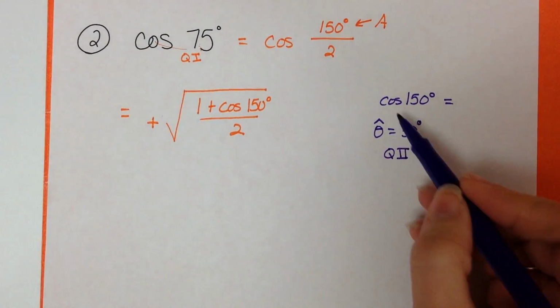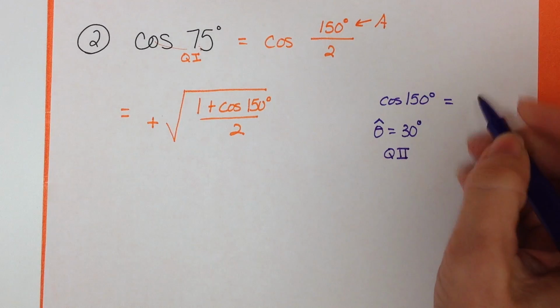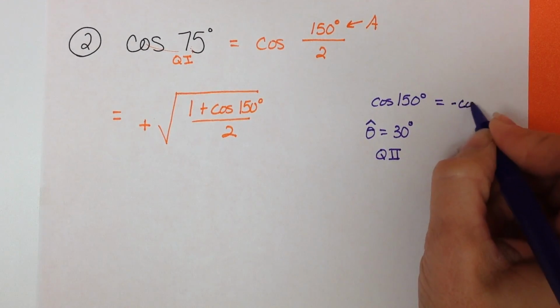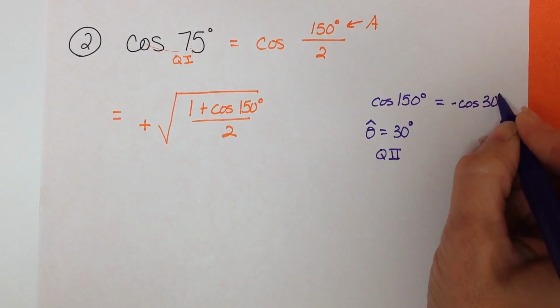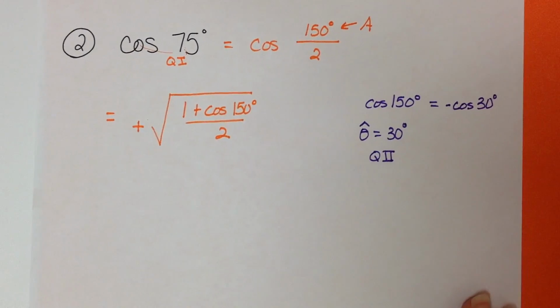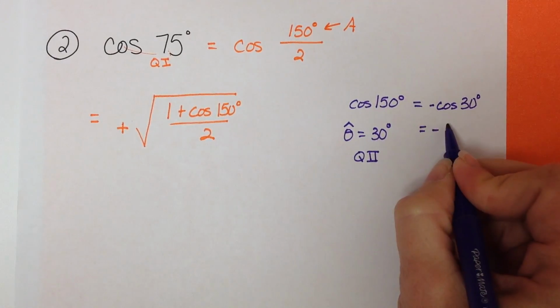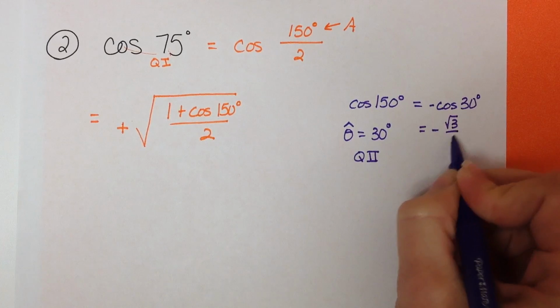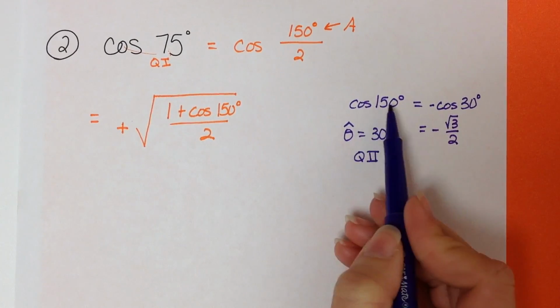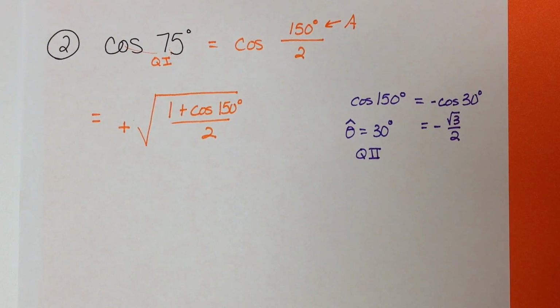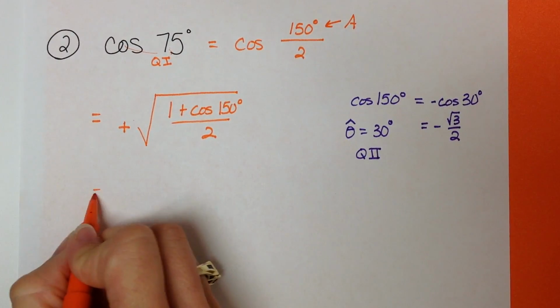Cosine is going to be negative in the second quadrant, so that means I can rewrite this as negative cosine 30 degrees. And from your values, cosine 30 degrees is square root 3 over 2. So cosine 150 degrees equals negative square root 3 over 2. That's what we can substitute back in over here.